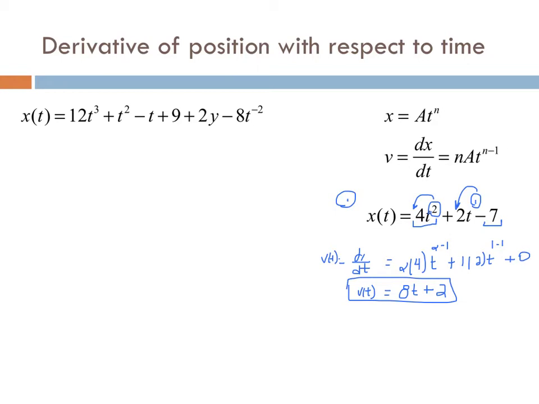Now for this one on the left-hand side. Again, taking the derivative of the position function with respect to time. We look at that exponent, bring it down to the front.